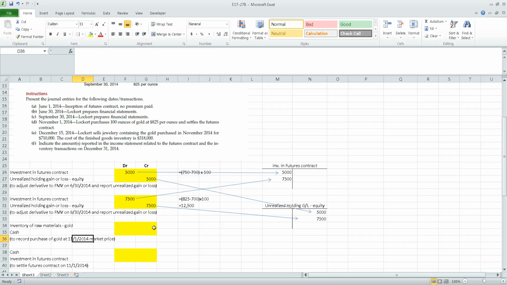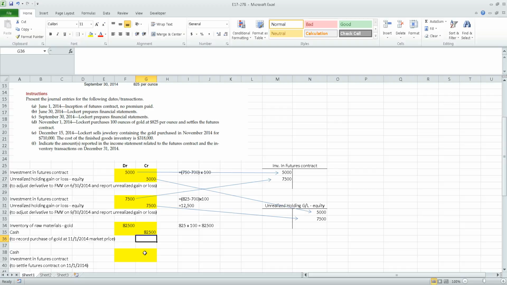Well, gold is selling at $825 an ounce, and we want to buy 100 ounces, so we're going to pay $82,500 to buy the gold. So the entry is going to be debit inventory of raw materials dash gold, $82,500. After all, the gold is part of our raw material as a jeweler, and credit cash for $82,500 because we're going to cut a check to the person from whom we bought the gold.